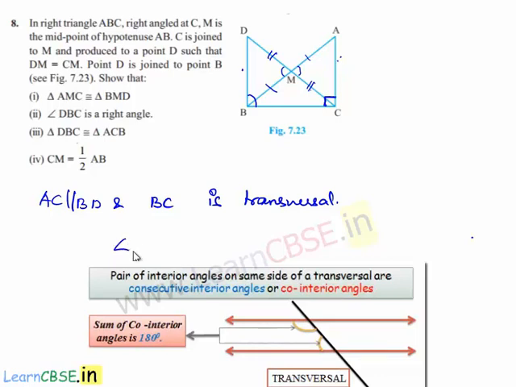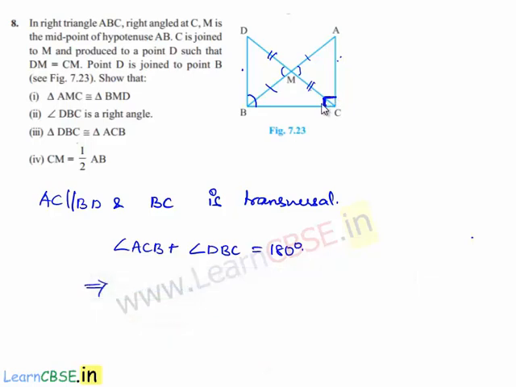So angle ACB plus angle DBC is equal to 180 degrees. He has given that angle ACB is 90 degrees, as in the first statement, right triangle ABC has a right angle at C. Therefore, 90 degrees plus angle DBC is equal to 180 degrees.